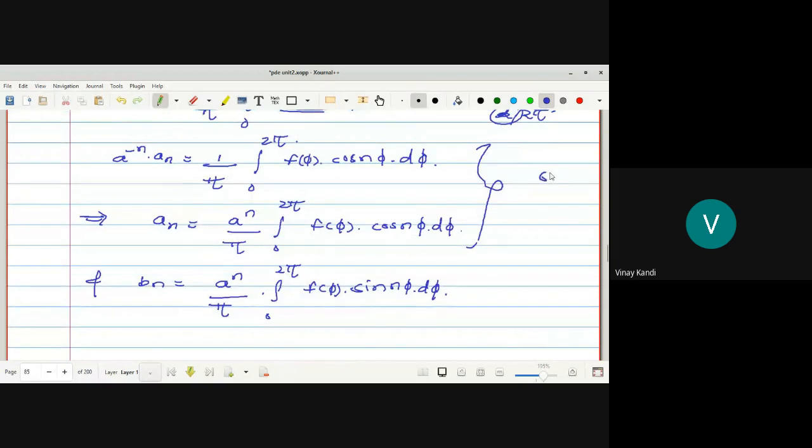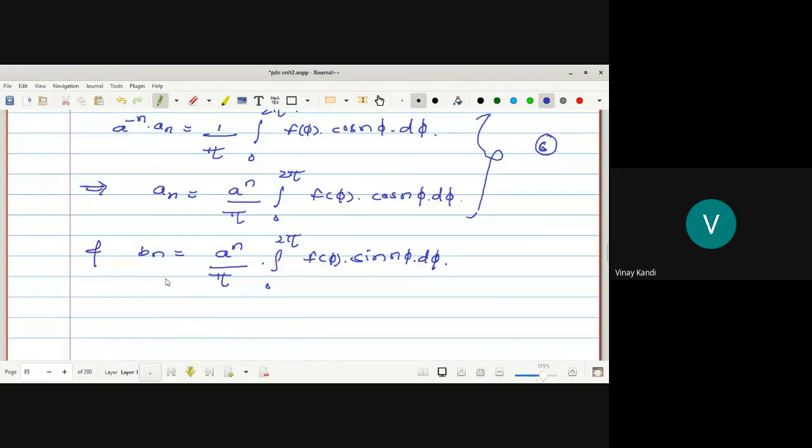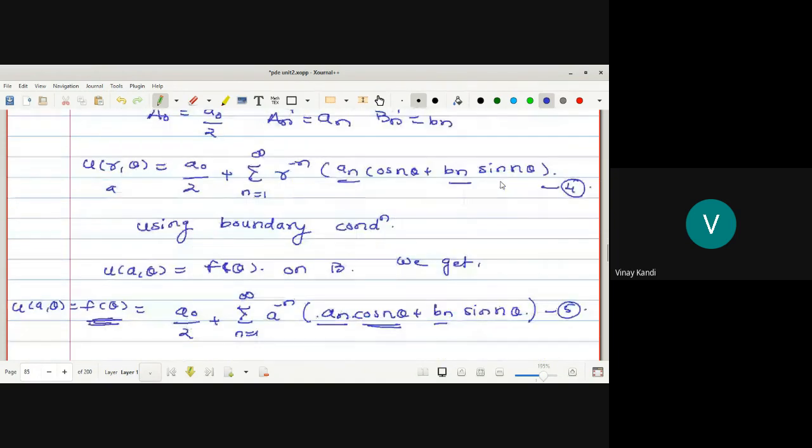So we have the values of a naught, an, and bn. Put equation number 6 in equation number 4, putting the values of a naught, an, and bn there.